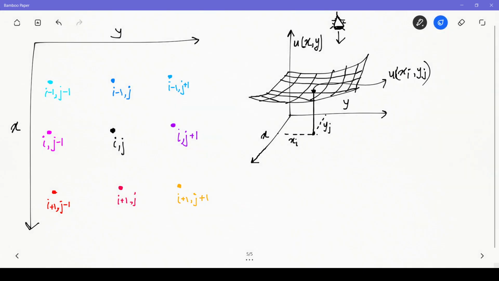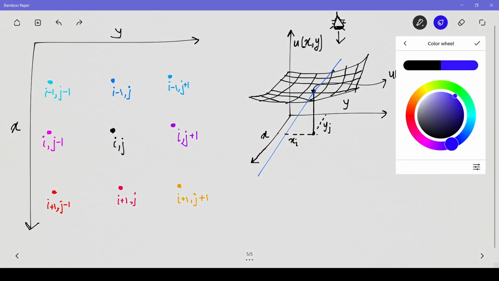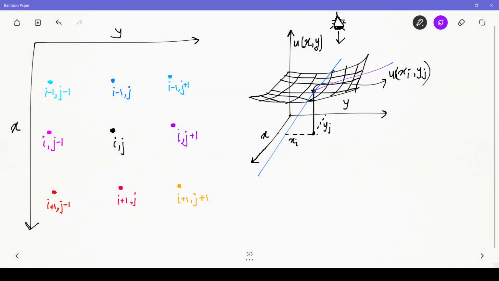And now, since we are going to draw the derivative at this point, when we try to find the ux, we are trying to find the derivative at this point with respect to x, right? It should look something like this, right? And if we draw it with respect to y, it looks something like this, right? Very, very bad drawing, I understand. So let's say it looks something like this along the y direction, roughly, right?